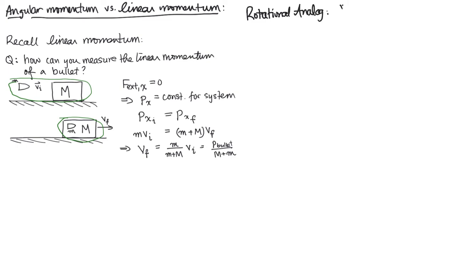In particular, we want a situation where we have a collision, and then we stick together. So a completely inelastic collision, if you like. And one scenario that I have in mind is a kid running and jumping onto a merry-go-round.